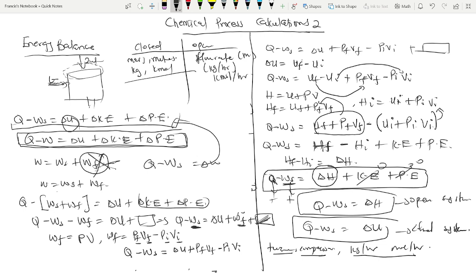There's nothing like per hour. And then for closed system, we see systems like piston and closed cylinder. But for open system, we see something like compressors, turbines, pumps, and conduits. Yes, so that will be all for now.